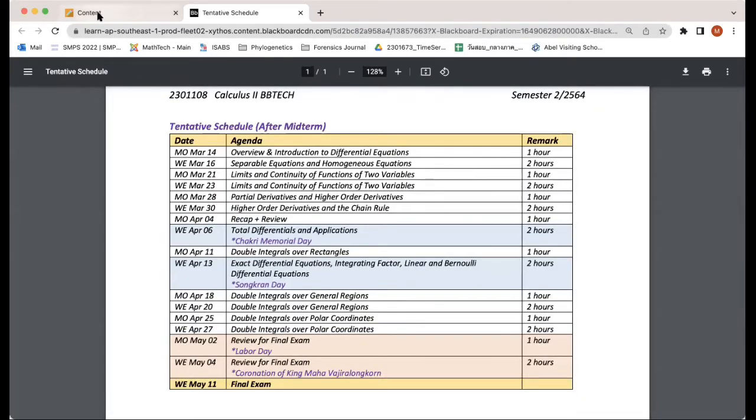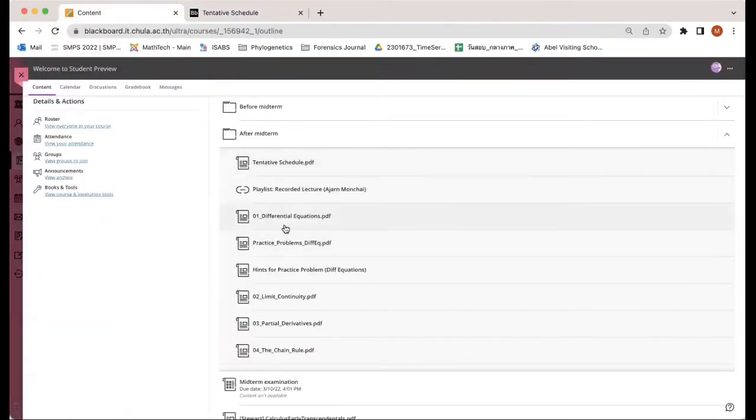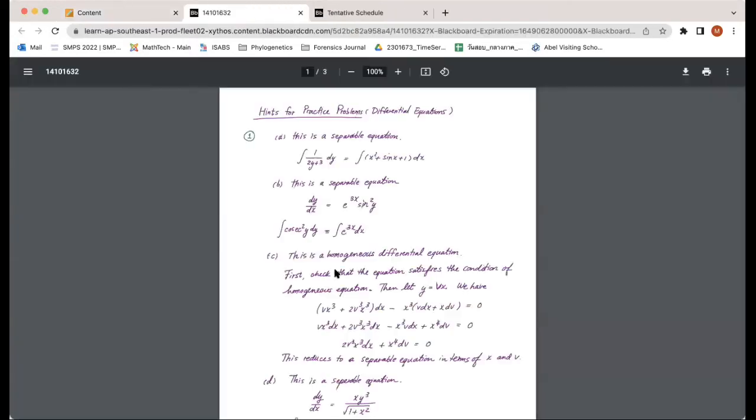So some of you also asked me about the solutions. So here is what I posted last night: hints for the practice problem for differential equations. I think it is better for you to do the practice problem first, and then you can check the hints here if you feel like you don't know how to get started on that question.